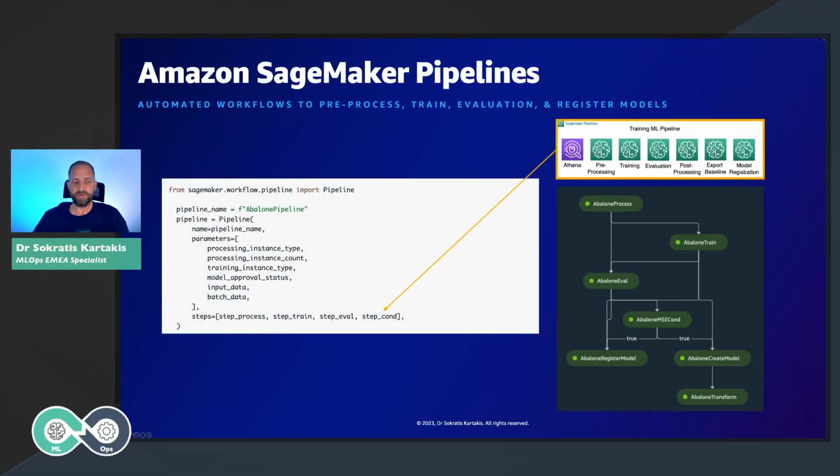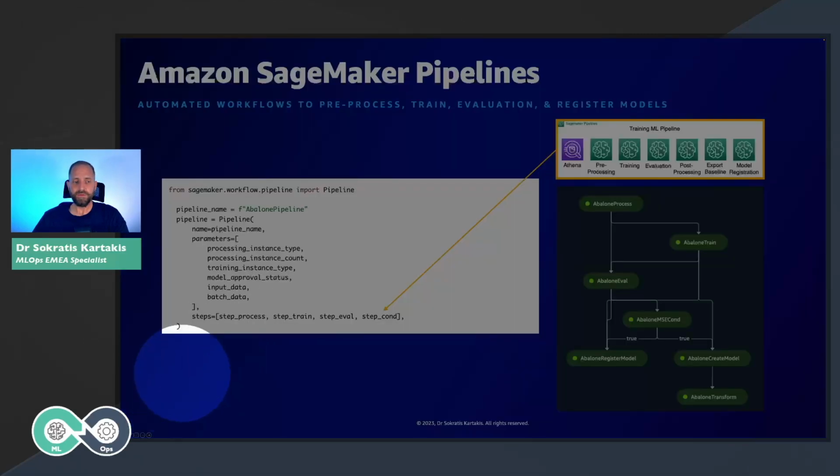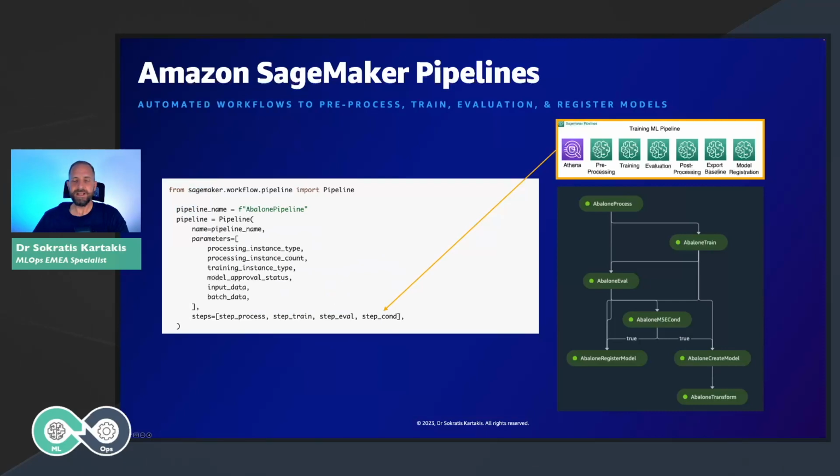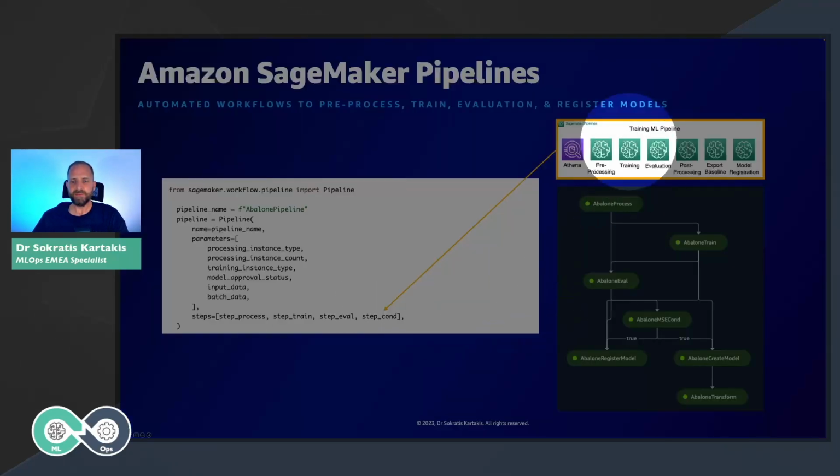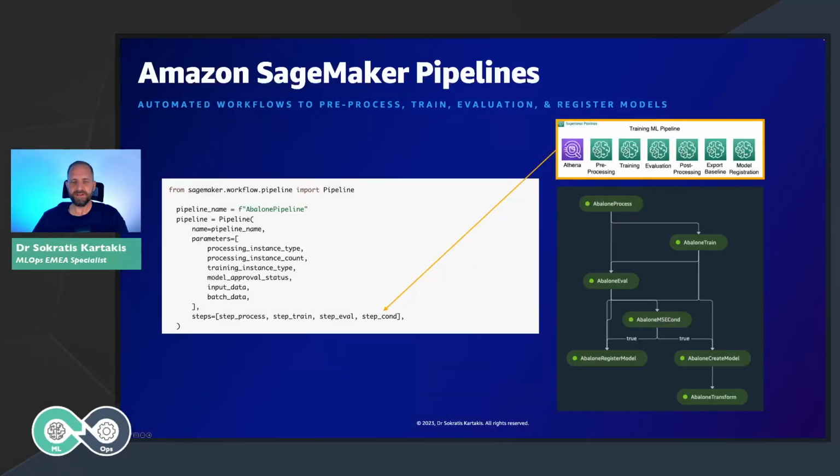How? The only thing that you need to do is to send all the different steps that you have defined in a single list. This is the first very powerful feature that SageMaker Pipelines supports. Instead of being responsible for designing the complete graph that we see here on the right-hand side, SageMaker detects all the dependencies of inputs and outputs of all the different steps and creates this graph in the most optimal way for you.